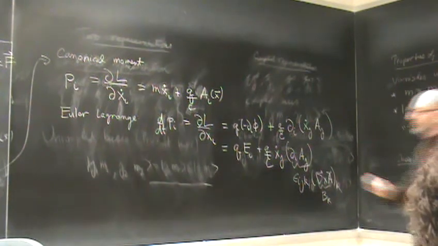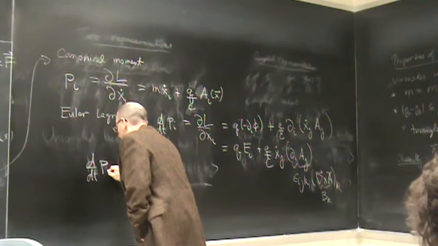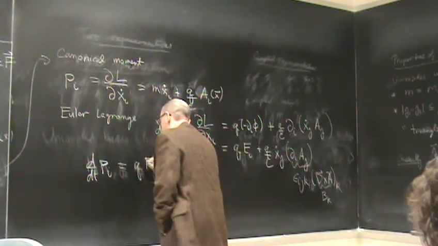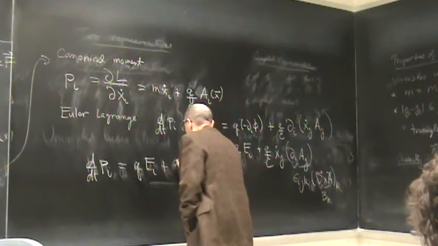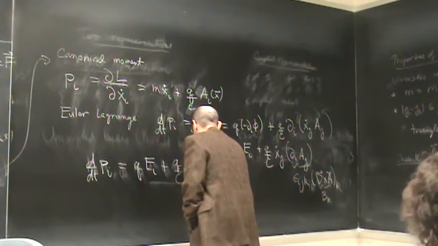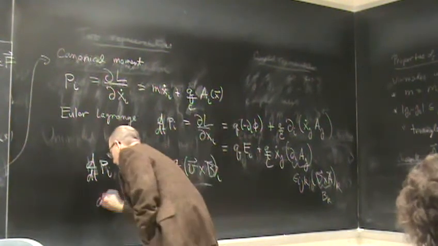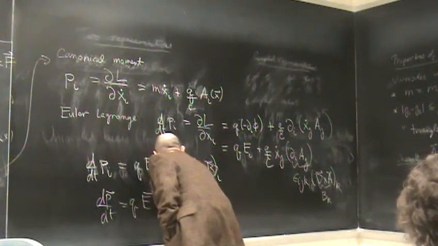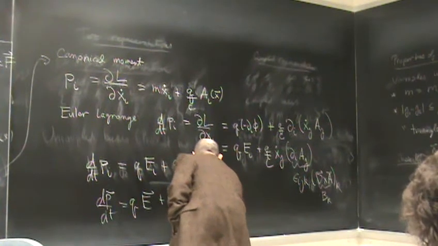And thus, we get Newton's law. The derivative of the canonical momentum with respect to time is equal to Q E_i plus Q over c, the i component of v cross B, or dp/dt, which is QE plus Qv over c cross B.